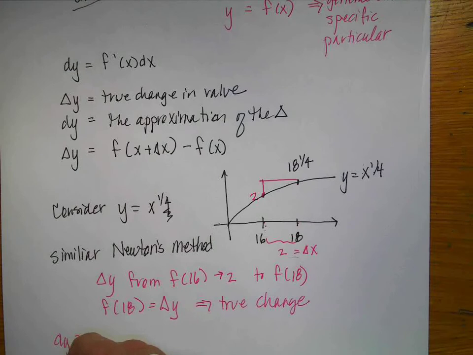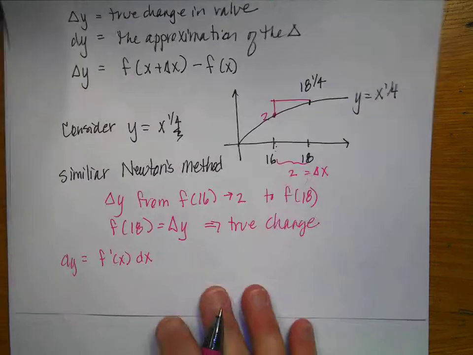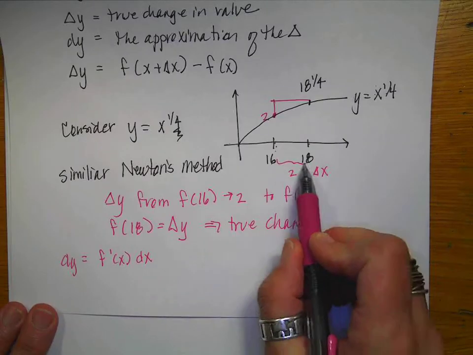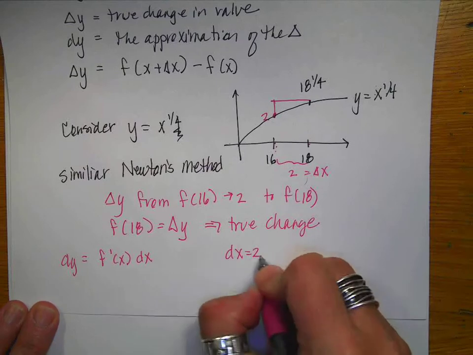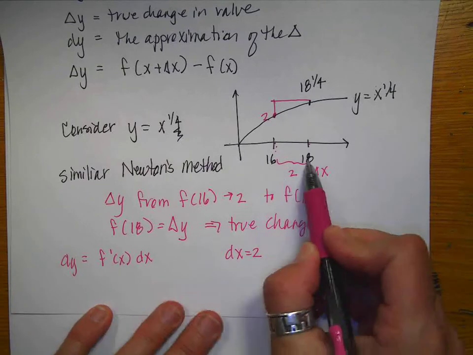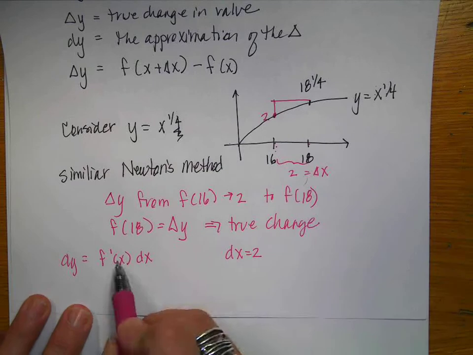So the formula that I have is dy is equal to f prime of x dx, okay? Well, we've shown that, because it's super easy math, my dx is going to equal 2, so I'm going to write that here. dx is 2, because from 16 to 18 is 2.